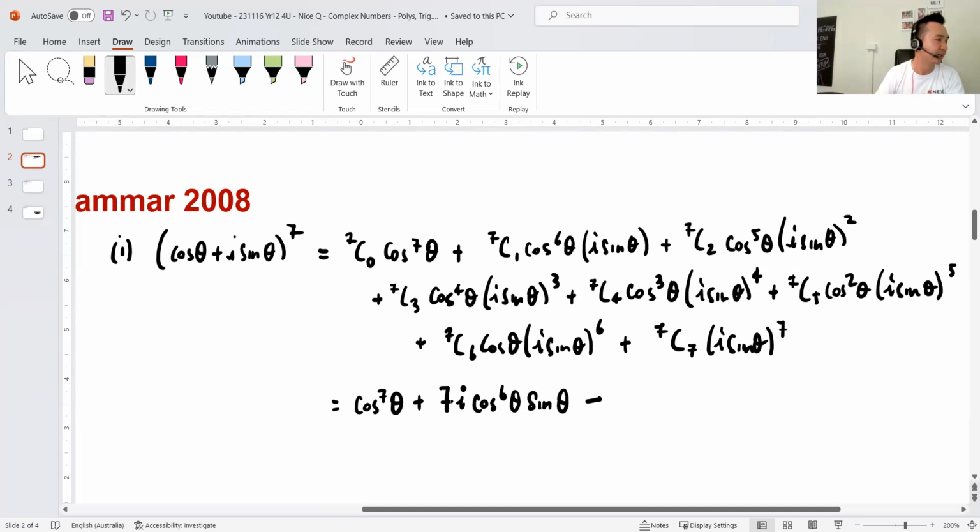I'm just going to look at the next part to let me know what the coefficients are. 7C2 looks like, I'm going to hazard a guess to say 21. 7C2, 21, surprise, surprise. cos^5 θ sin^2 θ plus, and I guarantee you 7C3 is 35, 100%. Let's just go there. And then cos^4 θ.